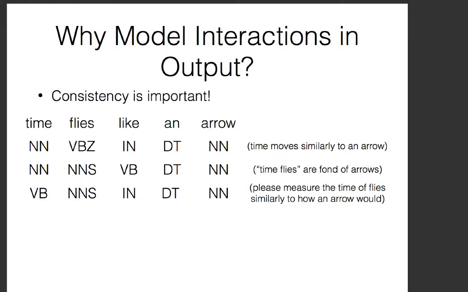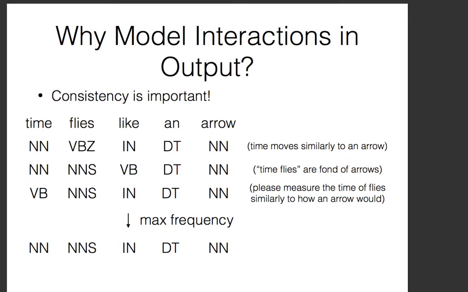So the interesting thing here is, let's say our model didn't really know which one of these was better. It didn't know the proverb. So based on that, it needs to make a decision. But if it doesn't consider the structure, probably the ideal decision is to say number one is a noun, because it's a noun in two of our interpretations. Number two is an NNS, because it's NNS in two of the interpretations. And number three is IN, because it's IN in two of our interpretations.